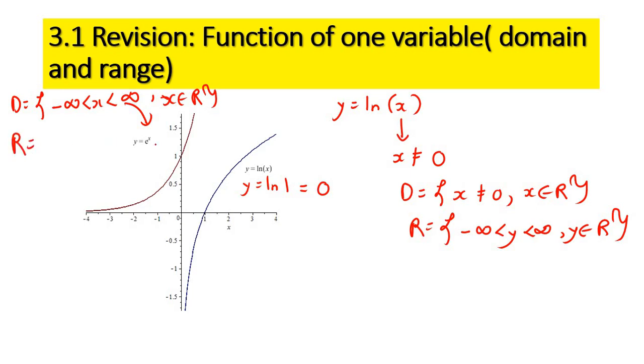The range: when x goes from negative infinity to positive infinity, y only takes positive values but never equals 0. That's why the range is y cannot be equal to 0, where y is a real number.